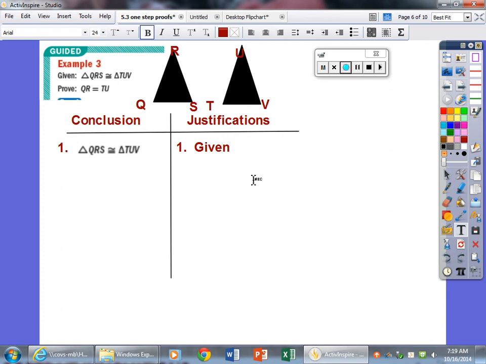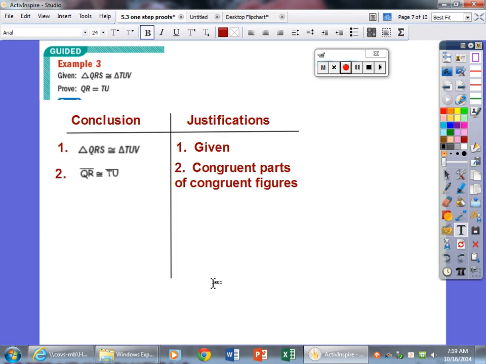So I asked myself, what tells me that QR is congruent to TU? The thing that I know from the last section was the congruent parts of congruent figures theorem. If these two figures, which are the triangles, are congruent, then these matching sides are congruent. And notice that QR is in the same position as TU in the name of the triangle. So I'm able to make this statement number 2, that QR is congruent to TU, and I'm using congruent parts of congruent figures for this.